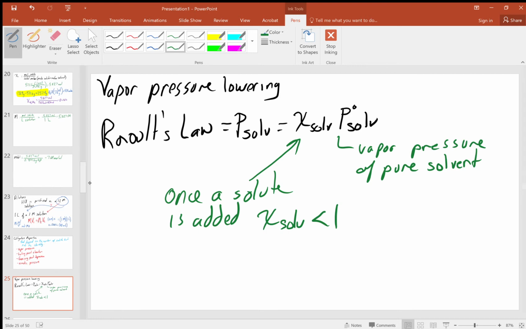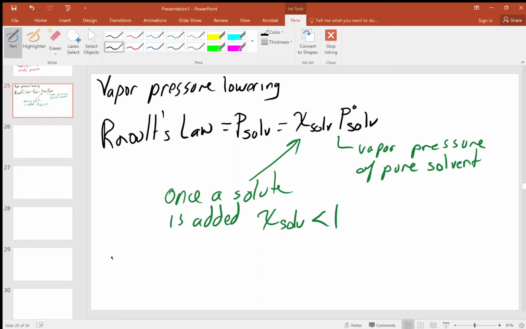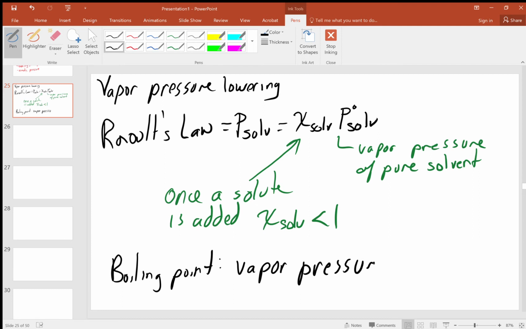Now, to understand why this matters, what is boiling point? The definition of boiling point is when vapor pressure is equal to atmospheric pressure.